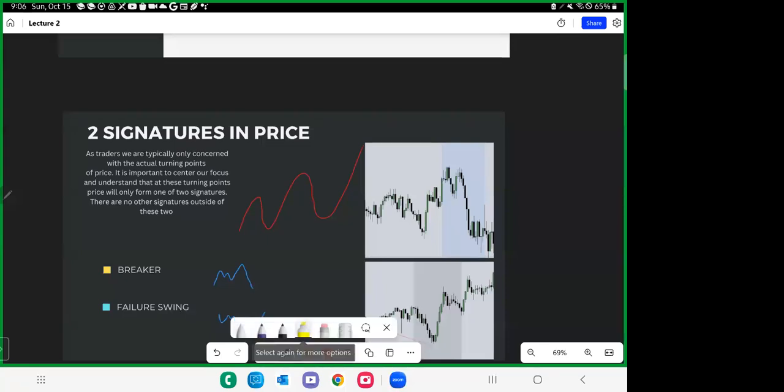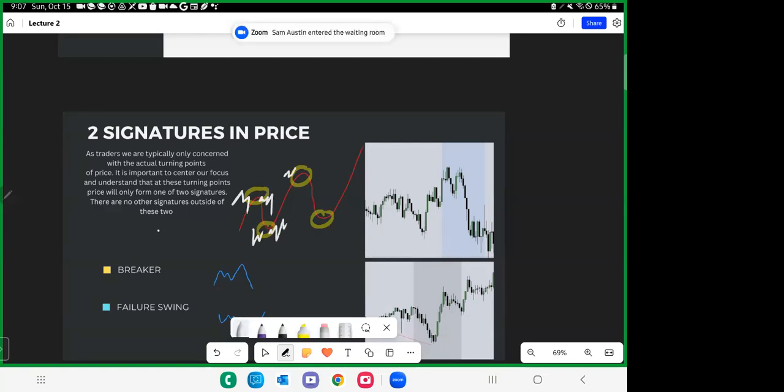So as traders, we care about this point, this point, this point, this point. And we have to entrust, or refine our focus, to understand that price is only ever going to do this: failure swing or breaker. Once again, down here, failure swing or breaker, and so on and so forth. And then we'll go failure swing here.